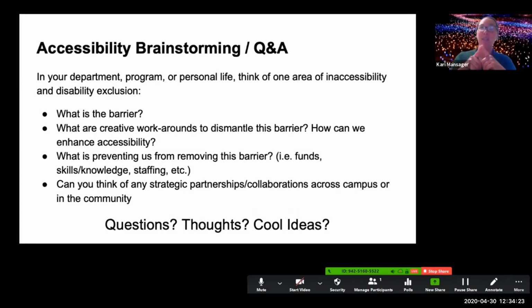We used to do color, but it wasn't very inclusive of folks who have color blindness. So we include the actual symbols, like a blue square or a red heart, so that it's not color dependent only. That's an example of a barrier we had before, and the creative workaround. And it was kind of fun. I liked it because then we have fun symbols all over campus.